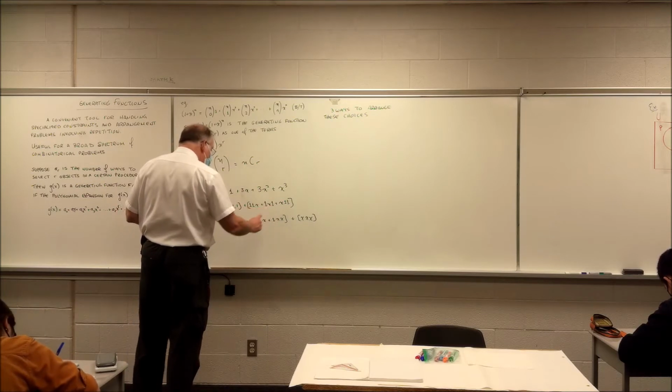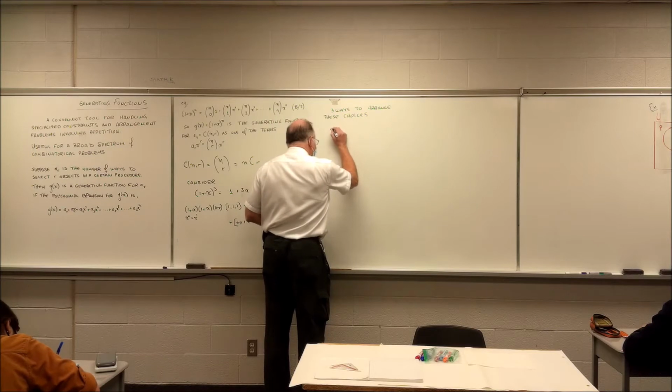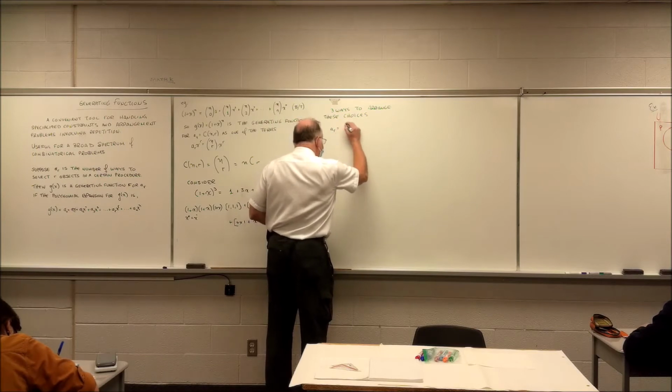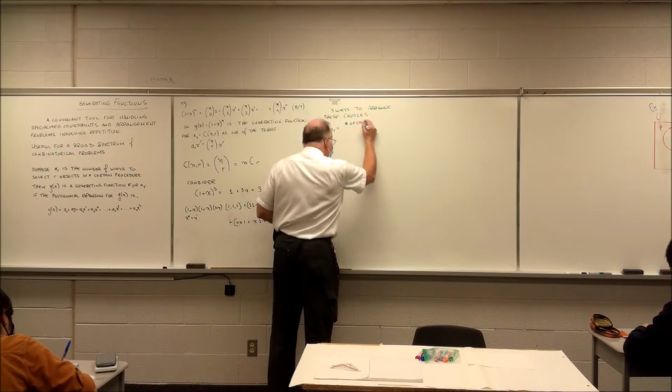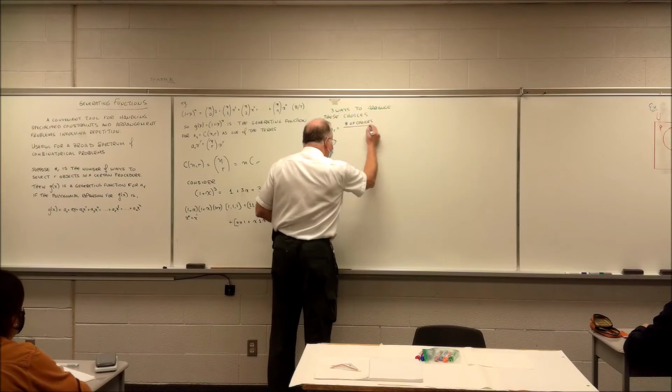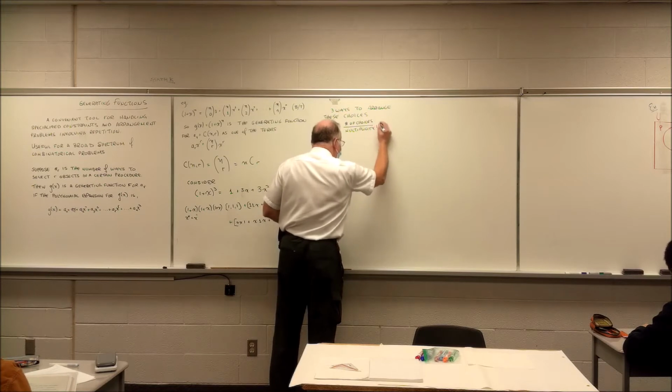We have 2 1s. So what we end up with is the coefficient a sub r is going to equal the number of choices divided by the multiplicity. And this is factorial, factorial.